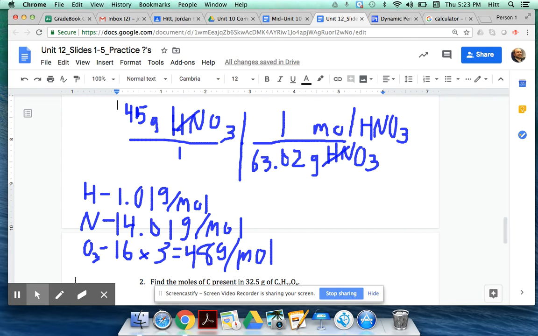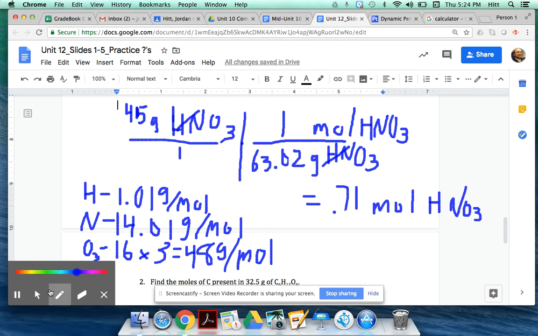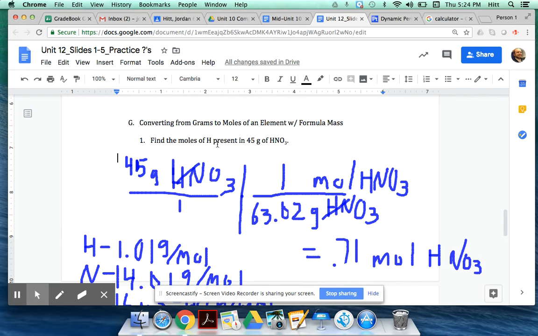So we go back over here and we're going to say equals 0.71 moles of HNO3. Now that's not your final answer, because if you scroll up, it asks you for moles of H.